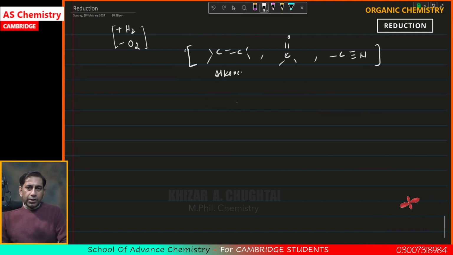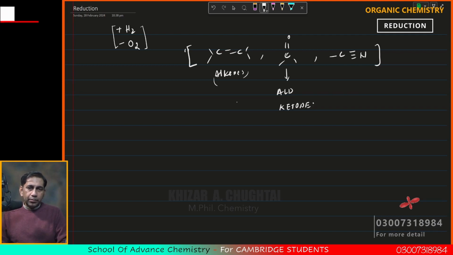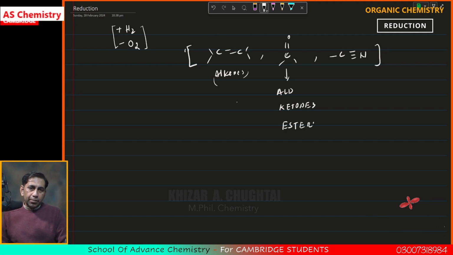Alkenes can be reduced. Here is the list. Aldehydes can be reduced. Ketones can be reduced. Esters can be reduced. I think it's not in your syllabus, so I'm not going to count it. Acids can be reduced.